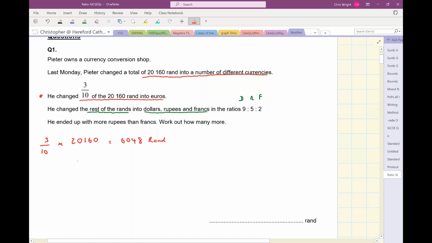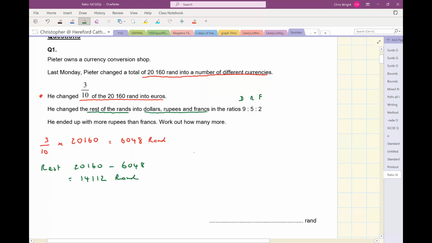So how many Rand are left for the rest? The rest is 20,160 minus 6,048. So he's got 14,112 Rand left.